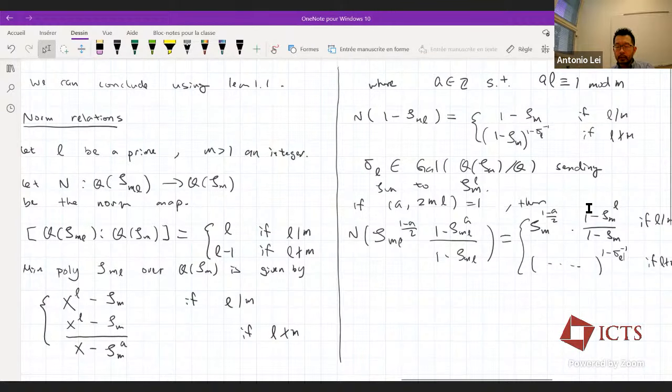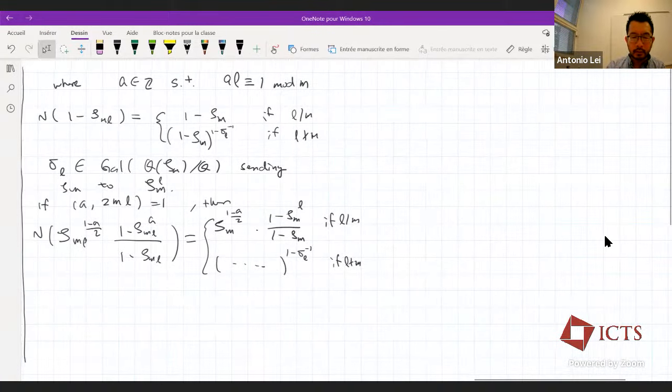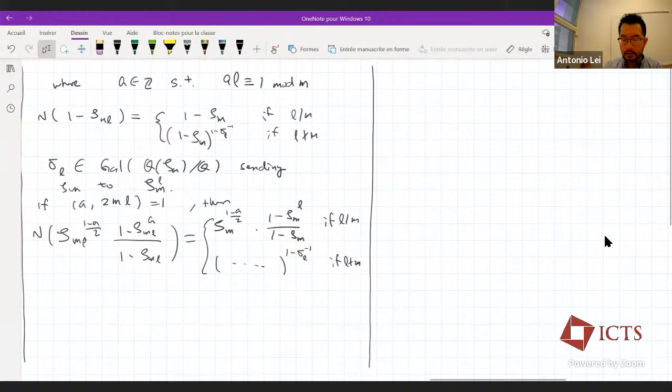Either you just get another generator or you get a generator modified by this factor. And this will be useful for us later. So for the time being, I just want you to remember there is such a relation.